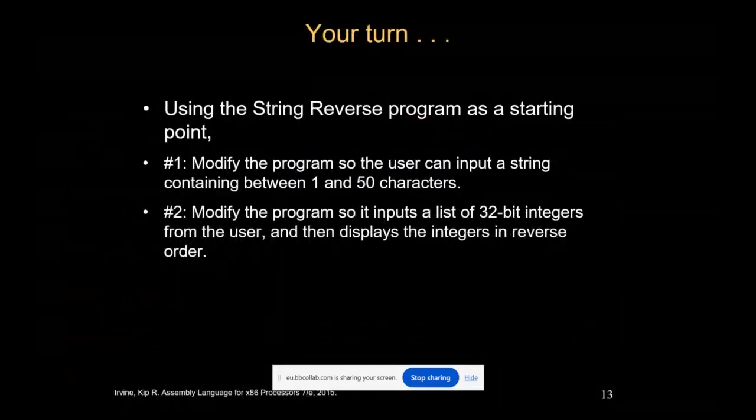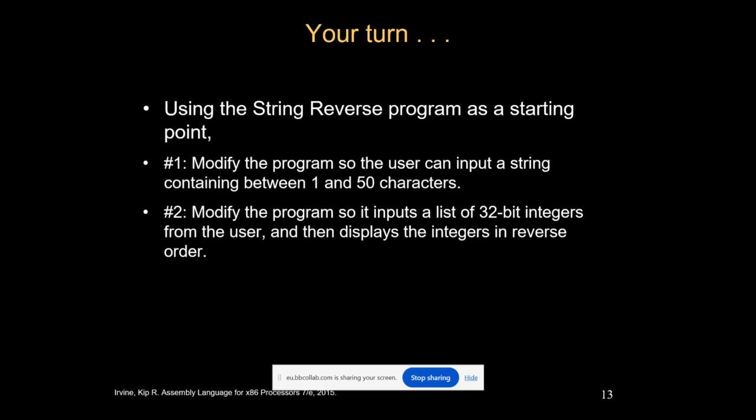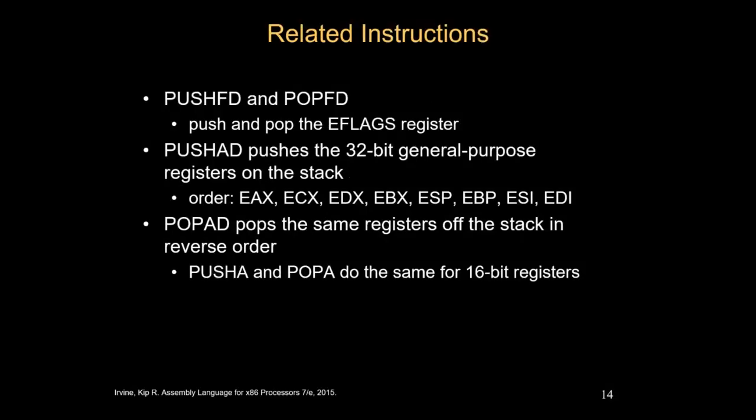So again, in that program, you can write two of them. I'll give you the two questions, where you can modify the string, and also modify the program so that it can input a list of 32-bit integers from the user, and then display the integers in reverse.